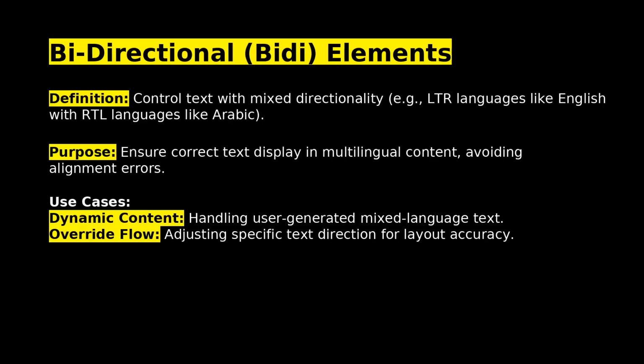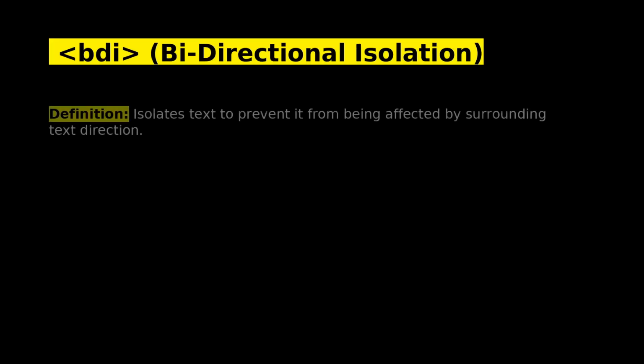So we have a few use cases for these elements. First, dynamic content, displaying user-generated names or text in mixed languages. Override default flow, adjusting the direction of specific text fragments for proper layout. Now first we have the bidirectional isolation.